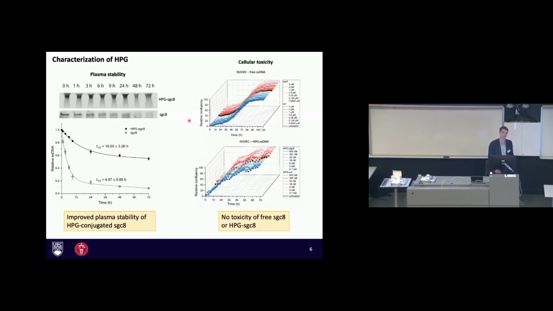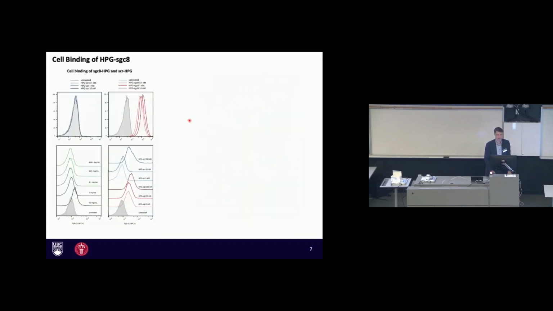We also did some very preliminary toxicity studies. We did not expect anything. Both aptamers individually and HBG never showed any signs of toxicity, and we did not observe anything in our hands either. Next we were interested in whether those aptamers actually retain binding affinity after conjugation to HBG.